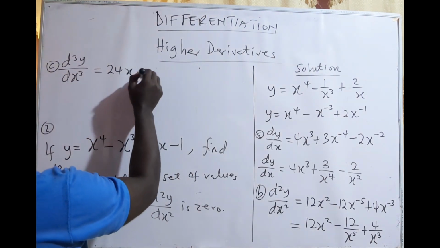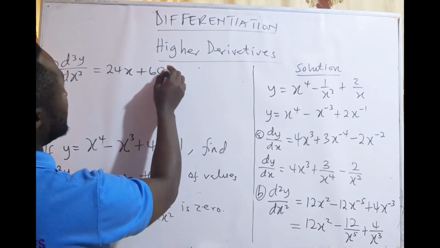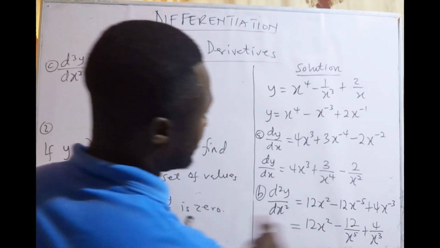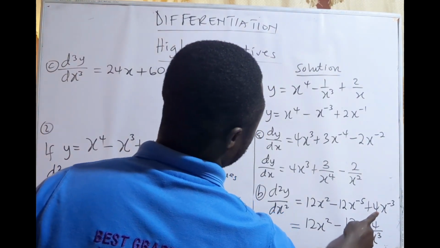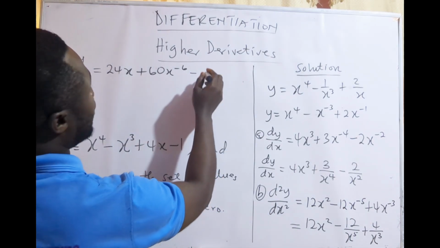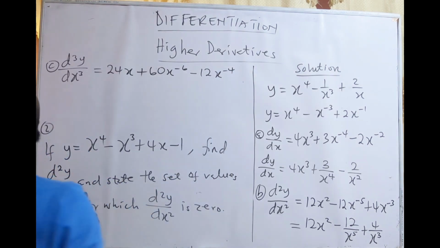Positive 60, then x exponent negative 6. Then minus 3 times positive 4 gives us minus 12 x exponent minus 4.